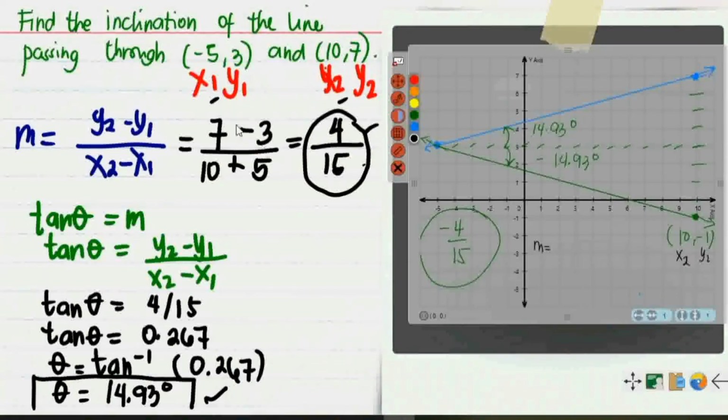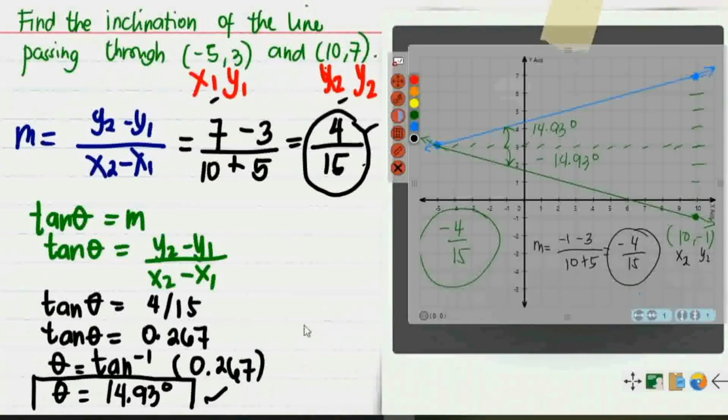So, gawin natin x sub 1 tong negative 5 and 3. So, y sub 2, so negative 1, minus y sub 1, which is 3, and then x sub 2, so 10, minus negative 5, so magiging positive 5. So, negative 1 minus 3 is negative 4, then 10 plus 5 is ganun din. Negative 4/15 pa rin yung slope niya.